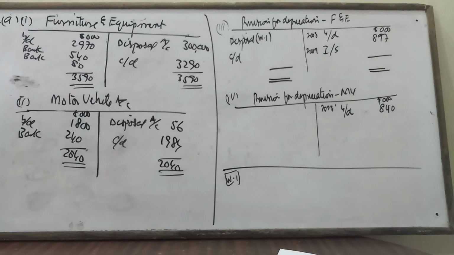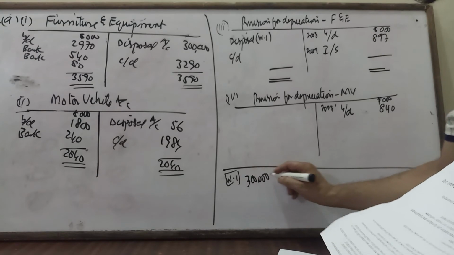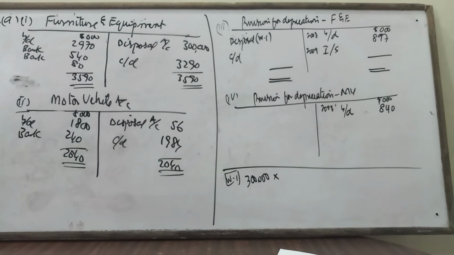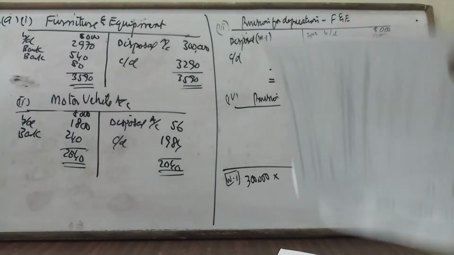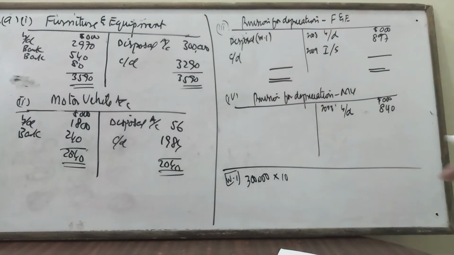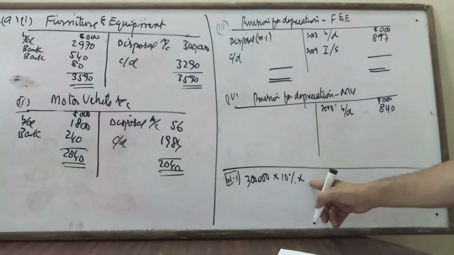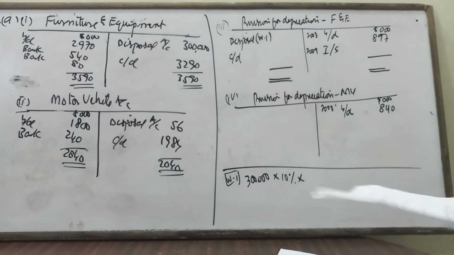So 300,000 multiplied by the depreciation rate, and the depreciation rate of furniture and equipment we already calculated as 10%. You can see my video from the beginning. The thing is for how many years the asset has been used, that depends upon the date.